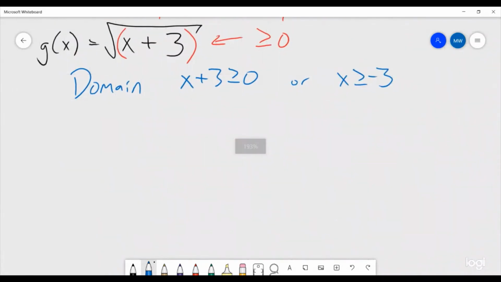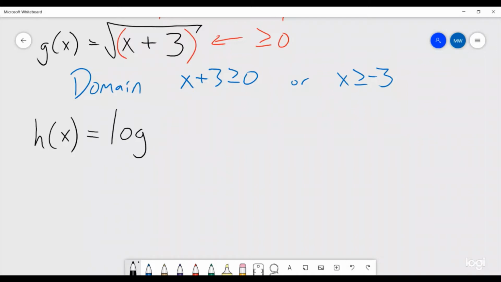The other kind of function that we can have is if we have a function that involves a logarithm. So these are going to be the three main ways that we can have problems with the domain.